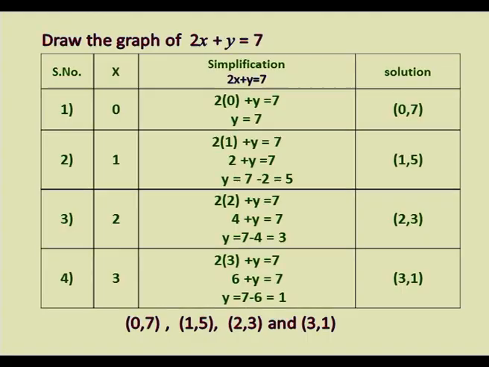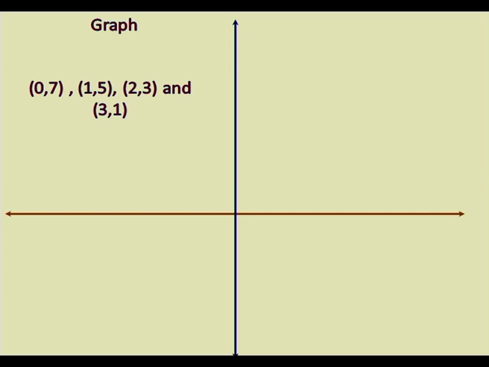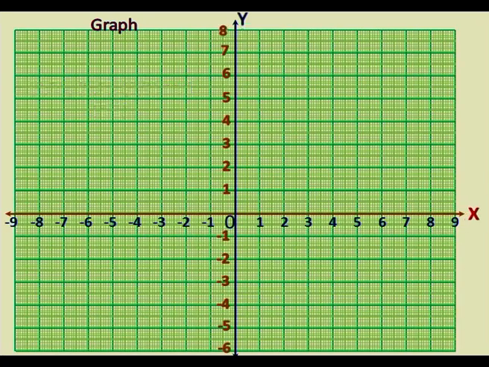Let me look at these 4 points on a graph. Please see, these are the points which I have. This is the x axis and y axis. This is a graph, you have 0 in the middle, right, you are able to see, and the intersection point of this x axis and y axis, you are going to call it the origin.